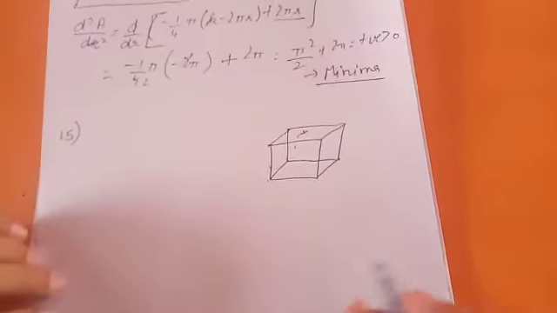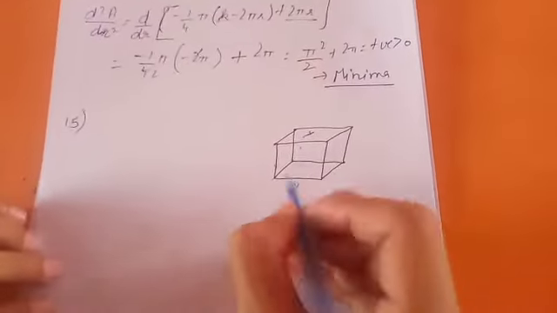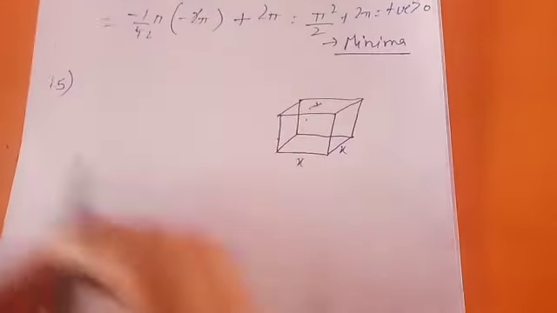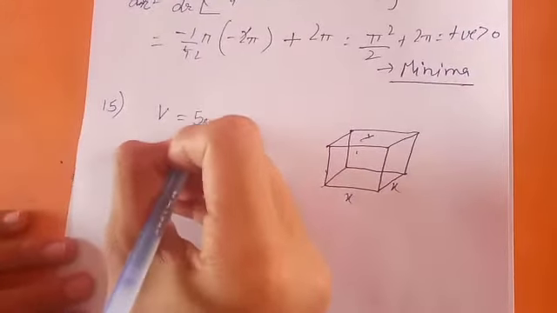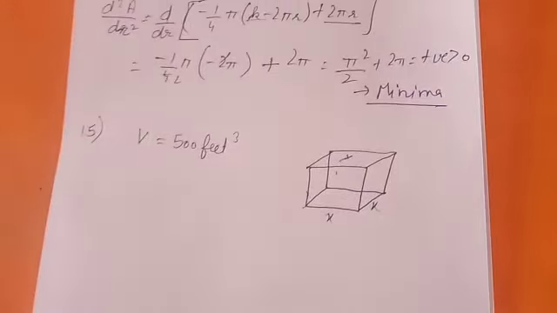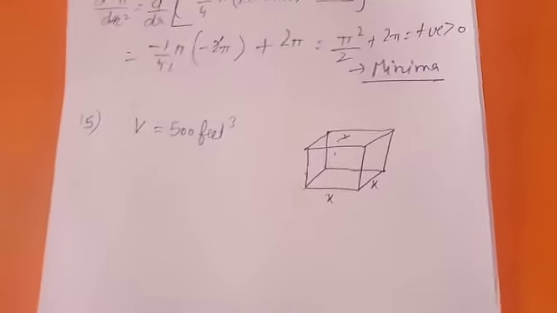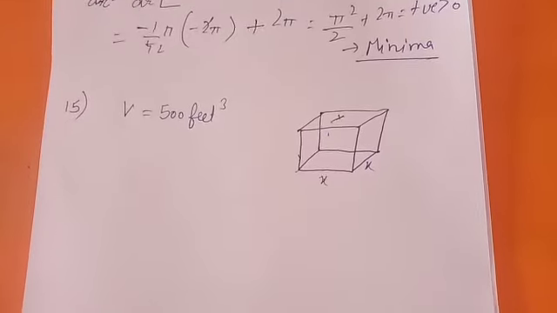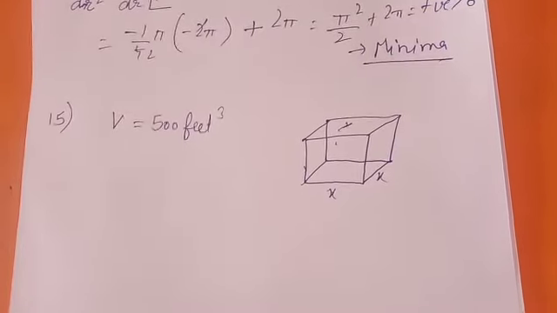Okay, second thing, its length, if we say x, is equal to its breadth, that means it is also x. Okay, and the third thing is that they have given the volume of this tank as 500 feet cube. Now they are saying to find the least cost of lining it with tin at the rate of rupees 60 per square feet.